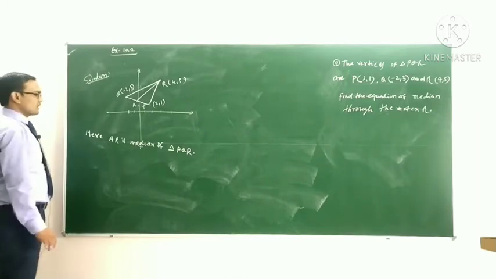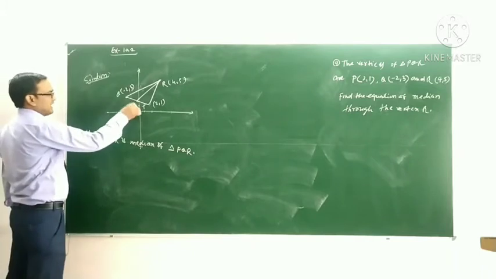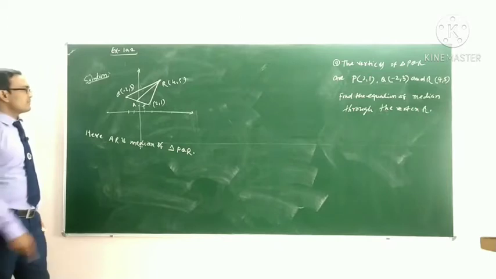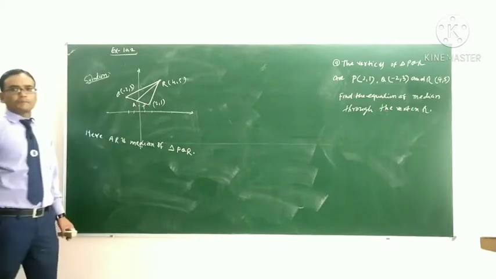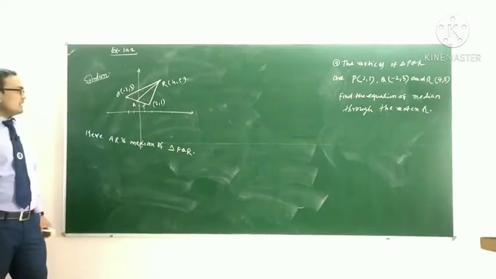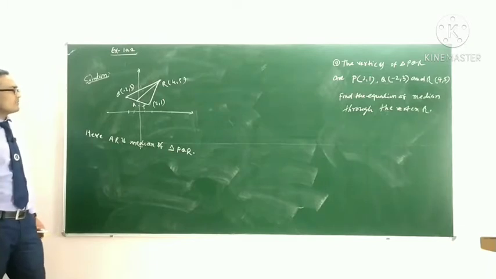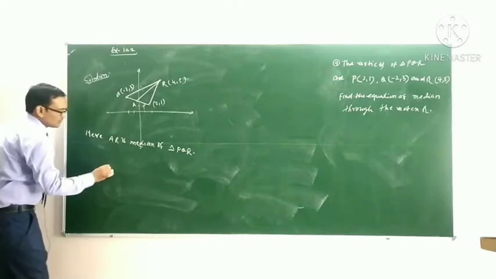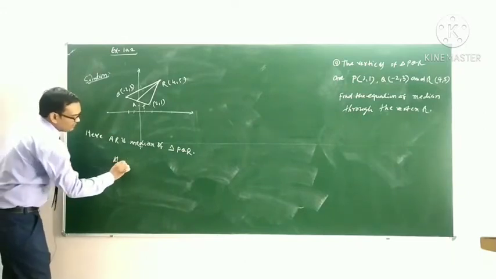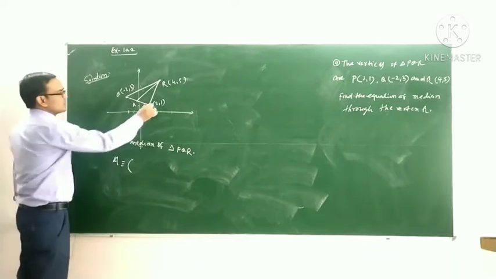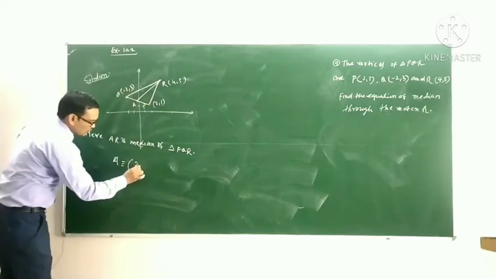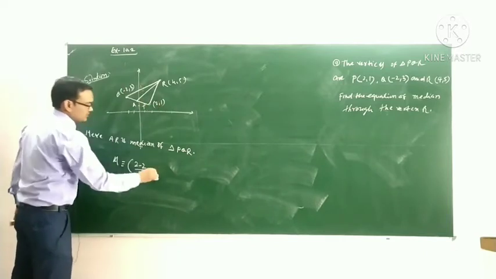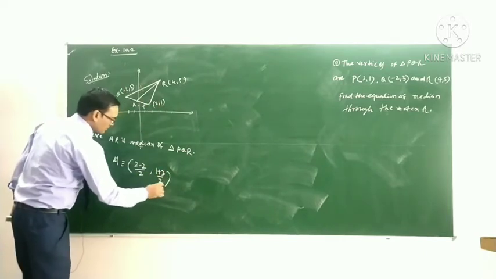We find the coordinate of point A. Point A is the midpoint of line segment PR. Then the coordinate of point A is 2 plus minus 2 upon 2 comma 1 plus 3 by 2.